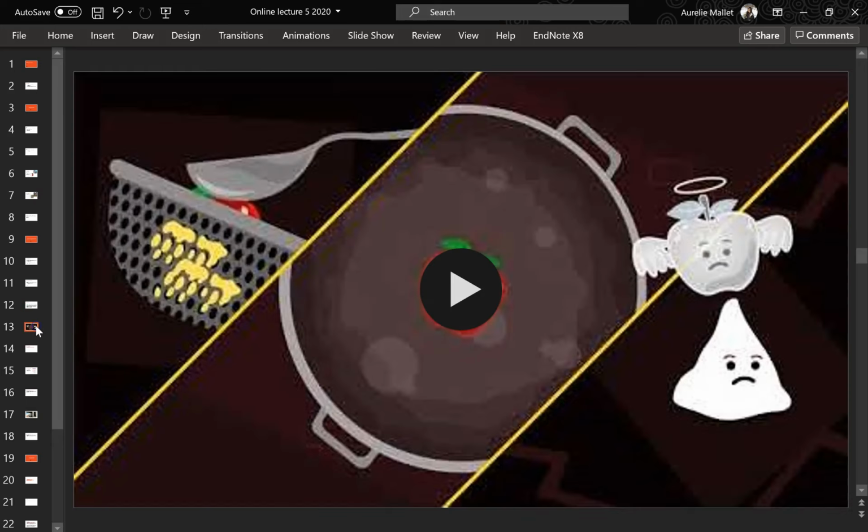So what I thought would be good would be to watch this little cartoon about free sugars, about how we take something good like an apple, which contains naturally occurring sugars, and we turn it into this processed thing that has free sugars in, and it is bad for us. So here we go.